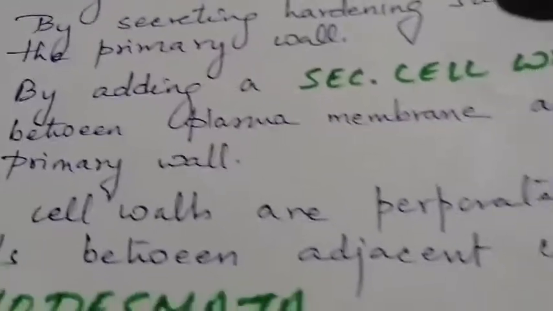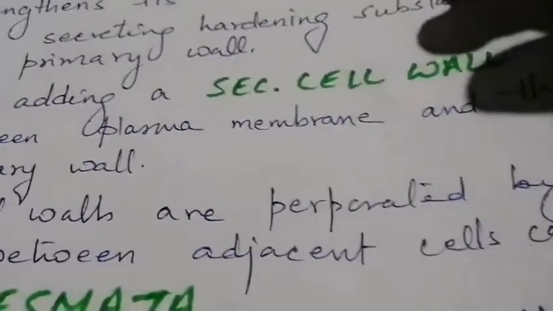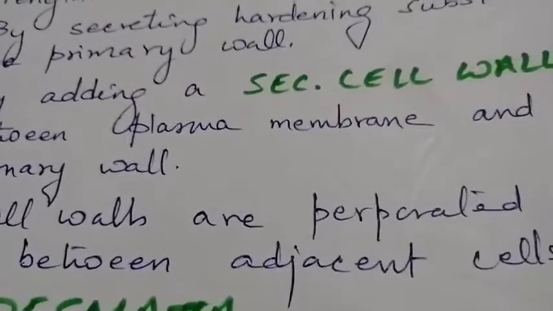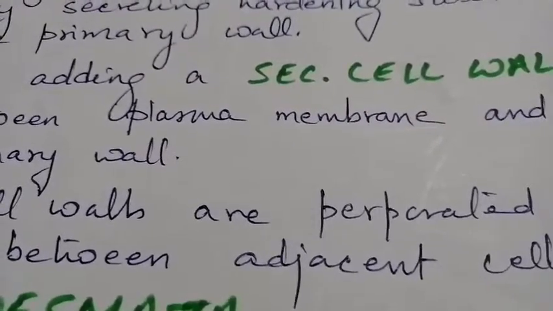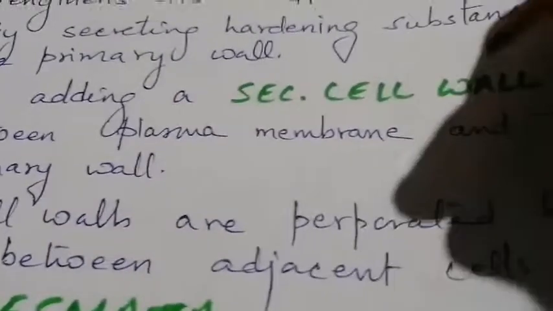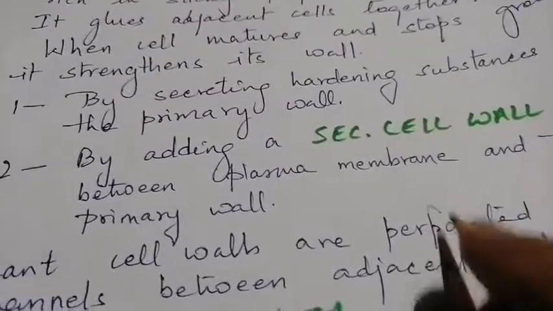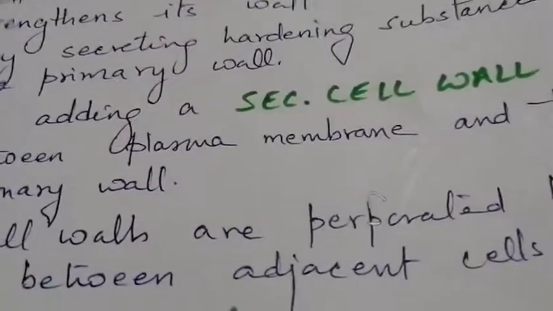Now cell walls, as I have shown you in the diagram also, are what? They are perforated, meaning it has got pores on it.